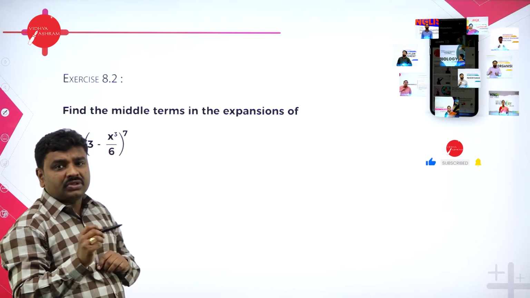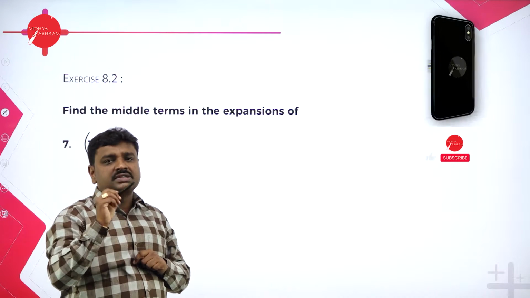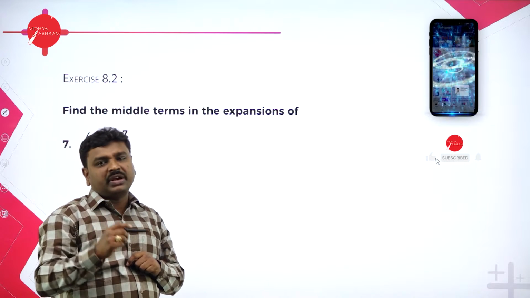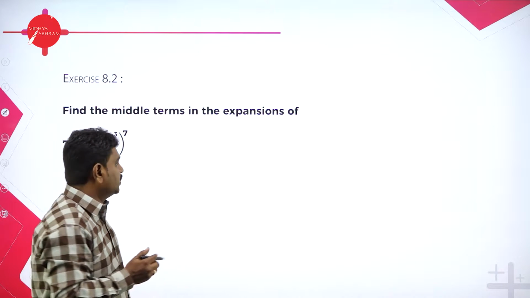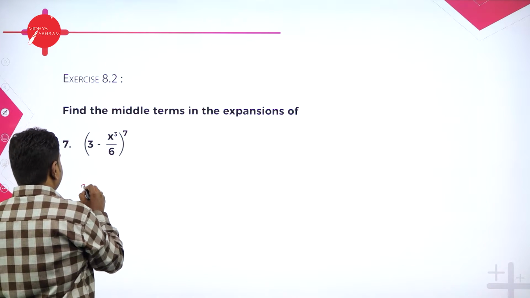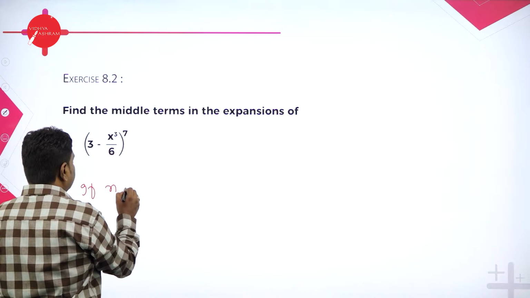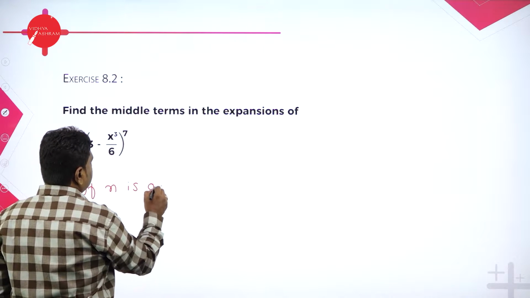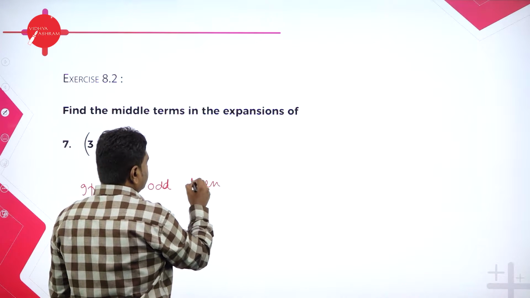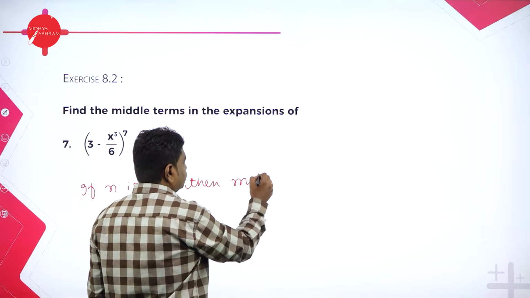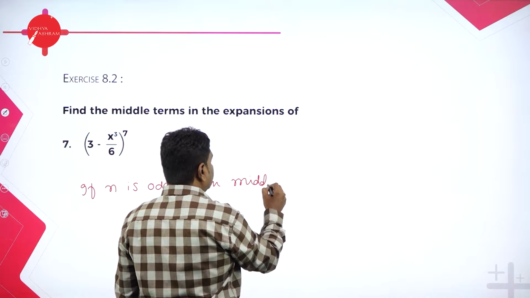So you know, if power is odd number, when you expand you'll get even number of terms. In even numbers, we'll have two middle terms. So if n is odd, then middle terms are, there will be two middle terms.